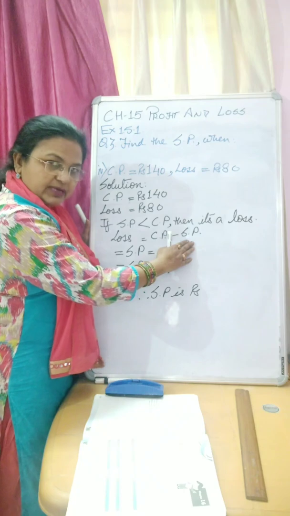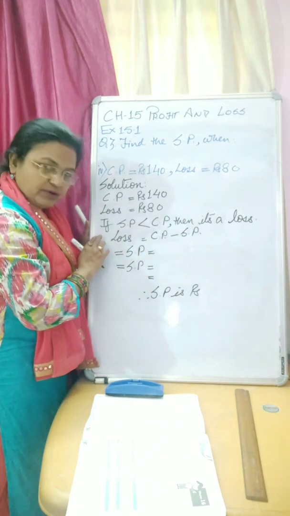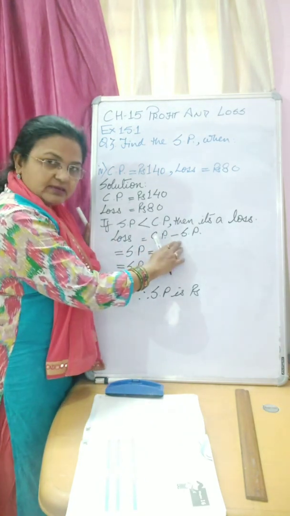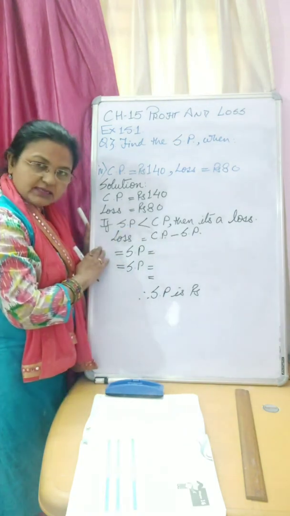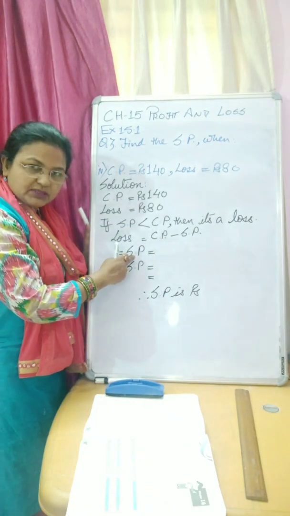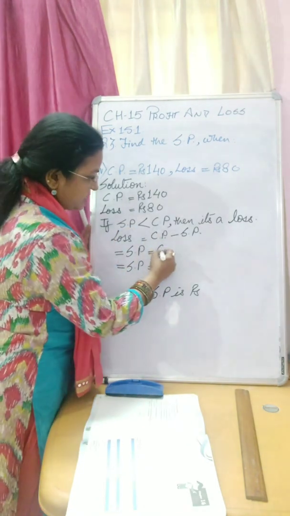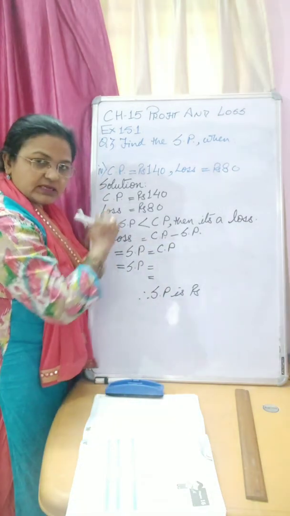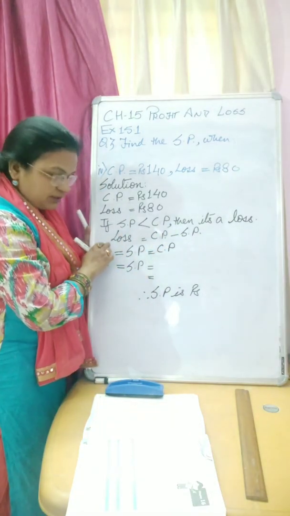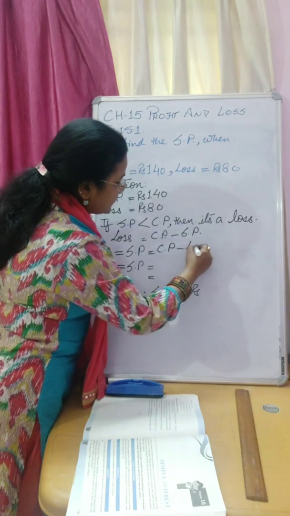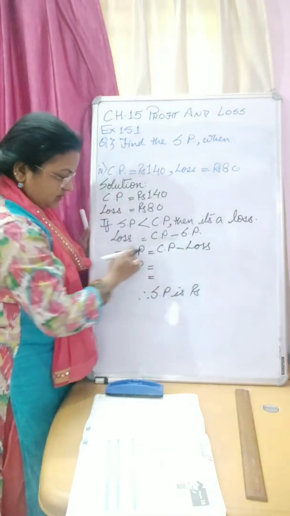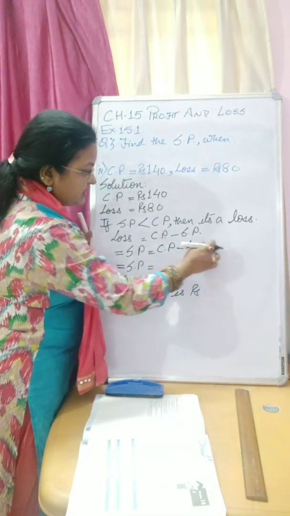Now we have to find out SP, so we'll derive formula from this main formula. SP is here negative, so we'll bring this on the other side of the equal to, and that becomes positive. Now this loss, we'll write CP, and this loss is taken to the other side of the equal to. Here it is positive, so it will become negative there. So CP minus loss. SP is equal to CP minus loss.